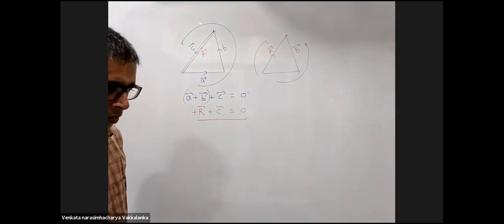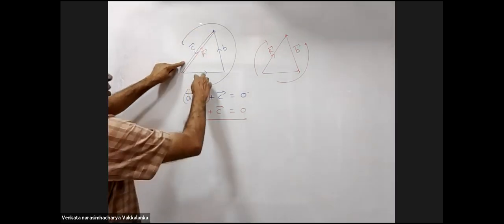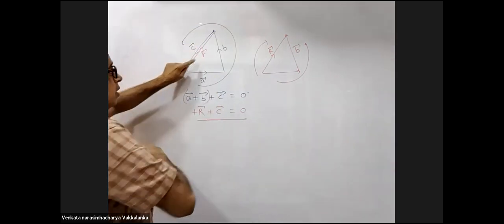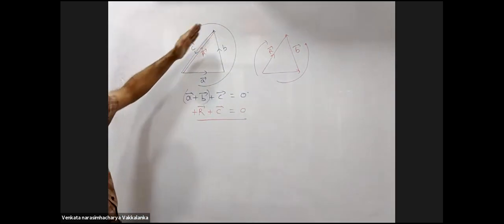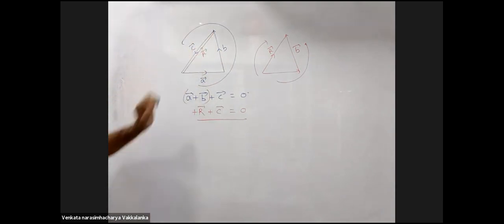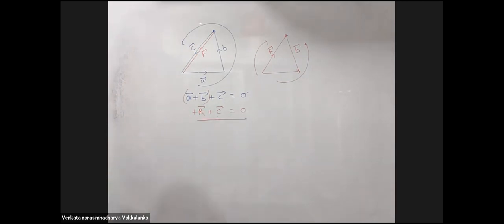The C vector is in reverse order, right? All three vectors are in the same order. Resultant of A and B will be in opposite order. So A plus B's resultant will be this way. C is this way. Both of them cancel out each other. Sir, so C can be said to be minus R, right? When I take it to the right, by default, you'll get minus R. Yes, sir, sorry.